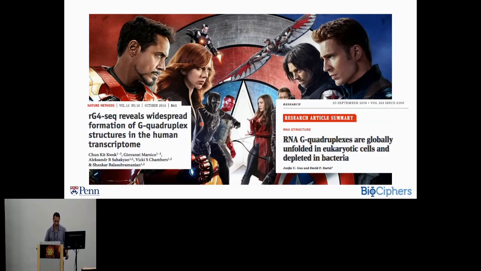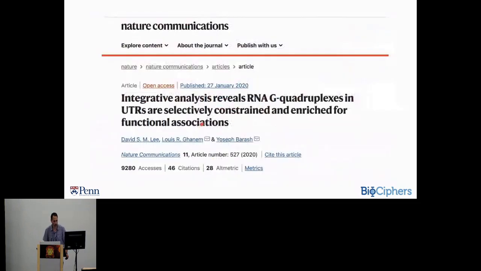And so we came to this much later and said, let's look at this from a different perspective. Let's use population genetics and statistical genetics and see what genetics has to say about this, okay? So we published this paper in 2020 showing that indeed we see very strong negative selection on RNA G-quadruplexes. Doesn't mean that they form or not form structures, but we can see their functional importance.